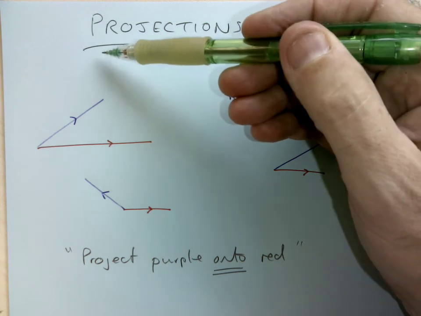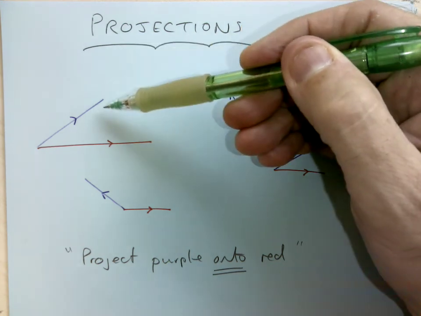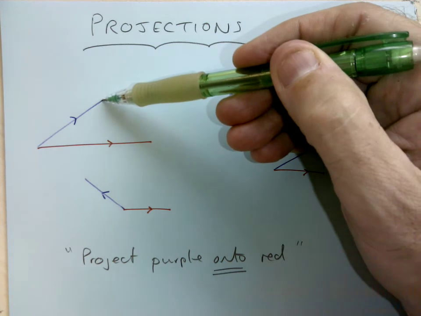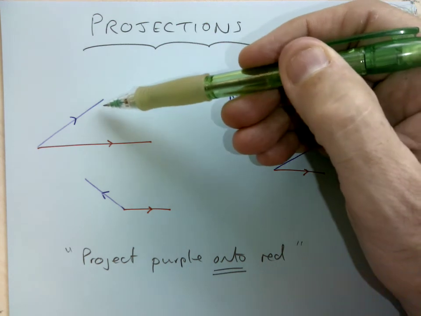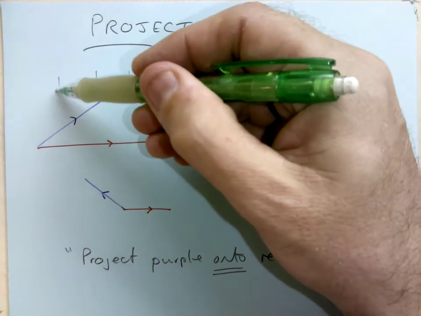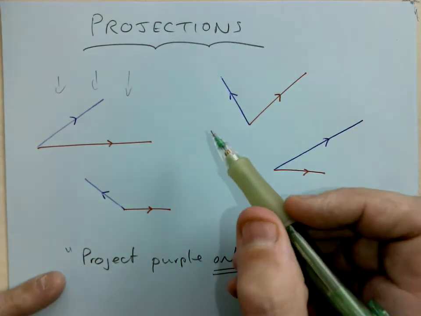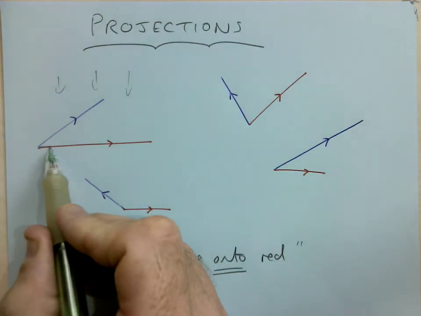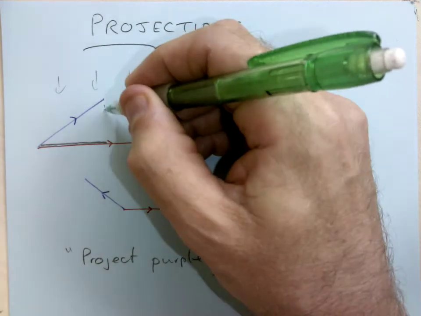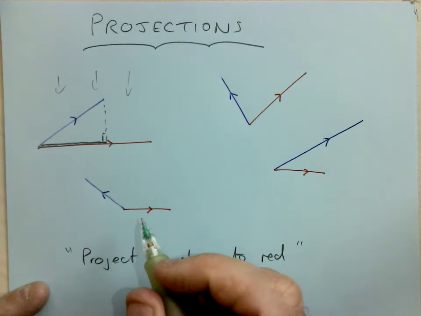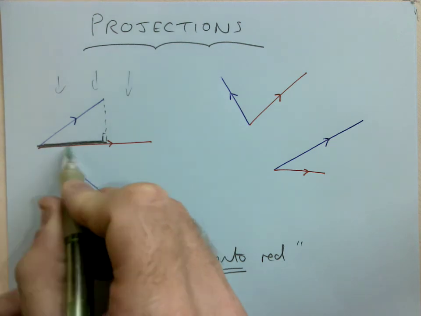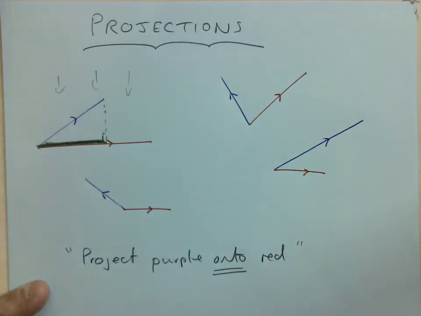So I'm projecting light directly onto the red vector, and the projection of the purple vector is just the shadow that it creates. If I'm shining light like this onto the screen, then the shadow caused by the purple vector would go along to here, to the point where that makes a right angle. And so the projection of purple onto red is that length there.